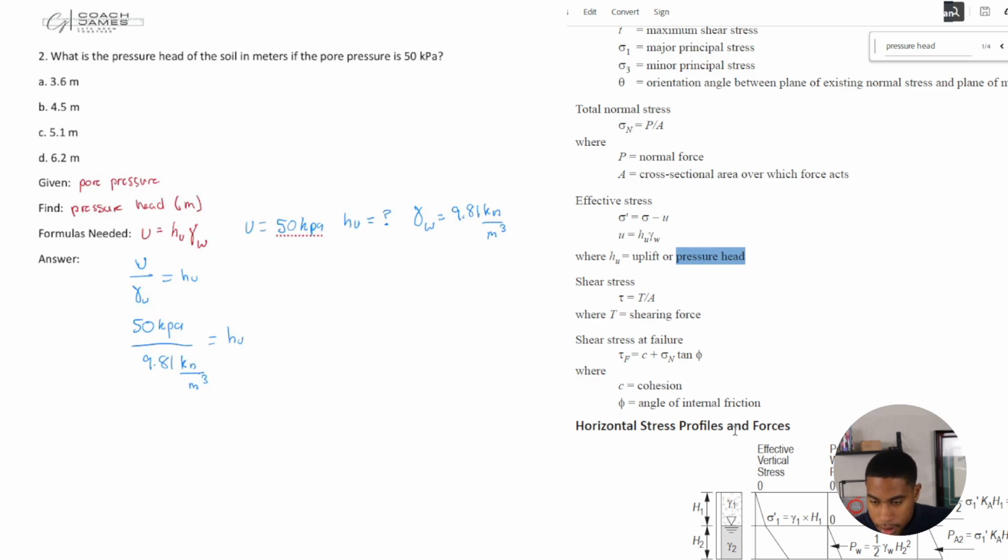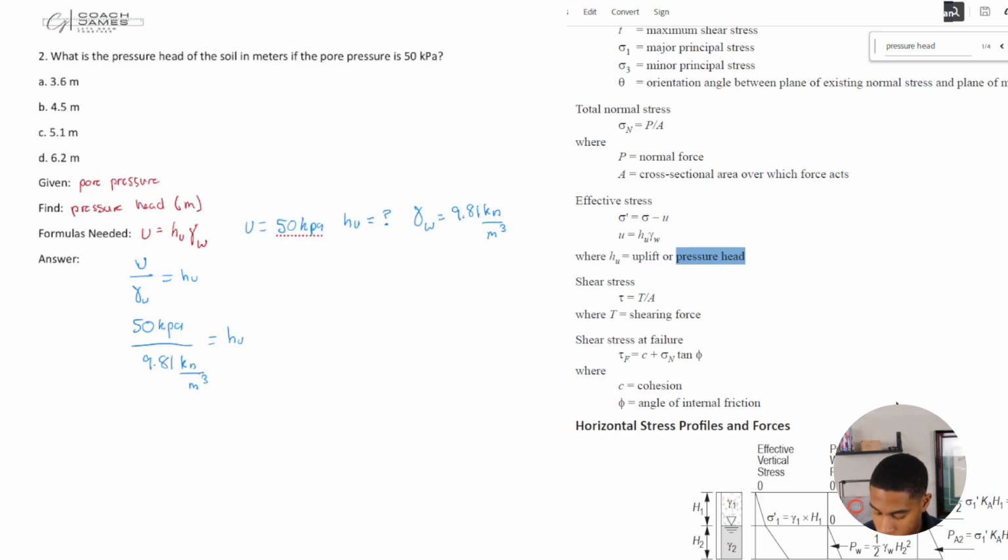But there's a problem, right? If we want our answer to land in meters, we need to make sure that our units are actually correct, right? So there's one thing that we need to understand when it comes to units.